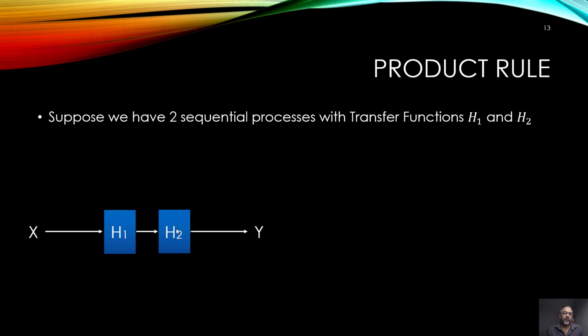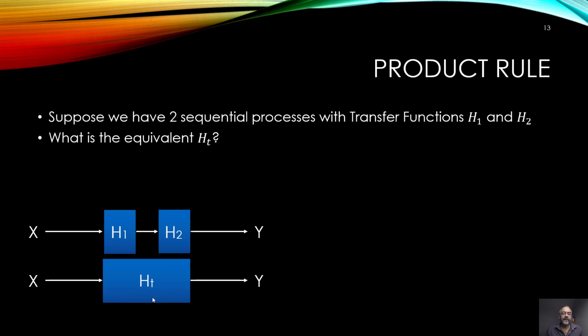So here we have a combination of two sequential processes. And each process has its own transfer function, so H1 for the first, H2 for the second. Then the transfer function of that whole system can be easily calculated.